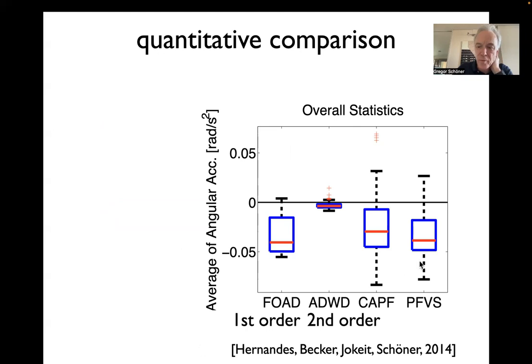And we compared a couple of approaches. These were potential field kind of approaches. This was the first order attractor dynamics approach, and this is the second order attractor dynamics approach. And you see that it actually had quite different average angular acceleration. There's something about the sign I didn't explain here. And so that is an argument for that. It creates, in a sense, the smoothest behavior.